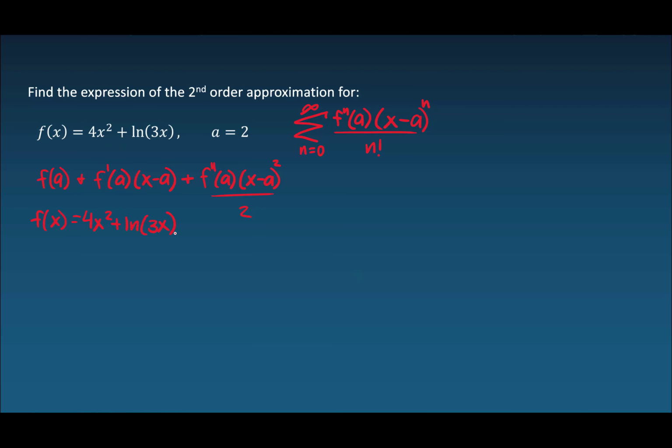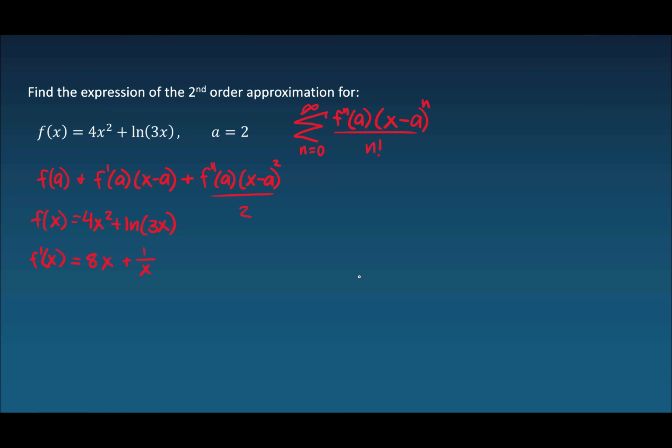And I know I'm going to need the first and second derivatives of this expression. So I'm going to take the first derivative, which is going to be 8x plus 1 over x. Is everything looking good so far?